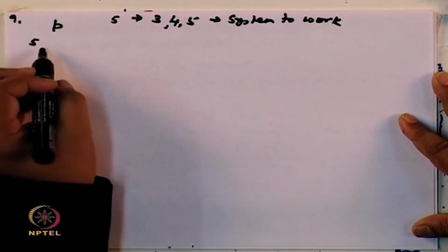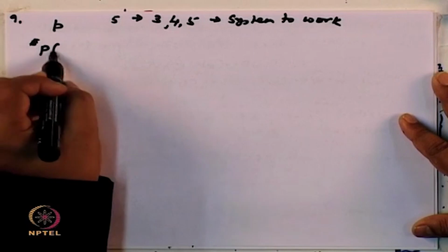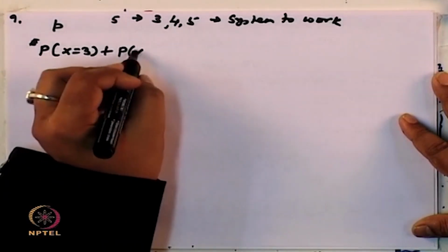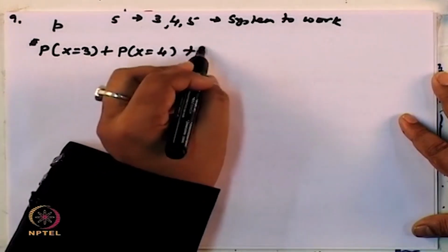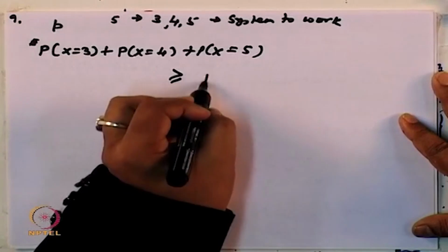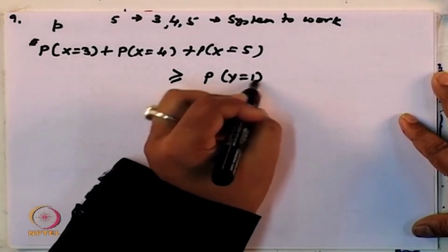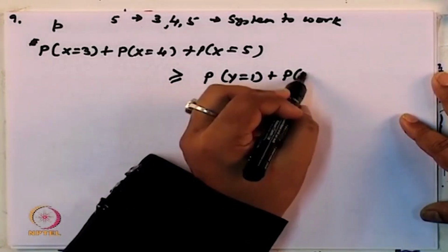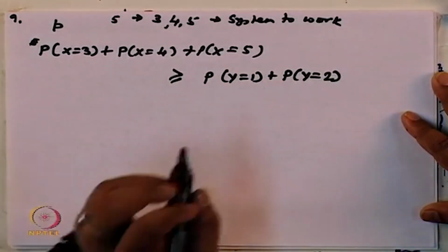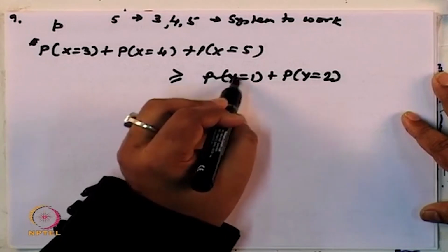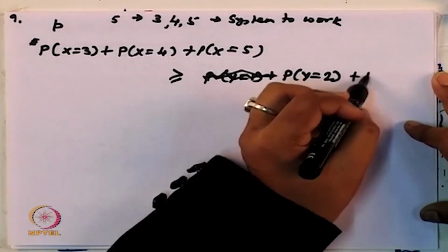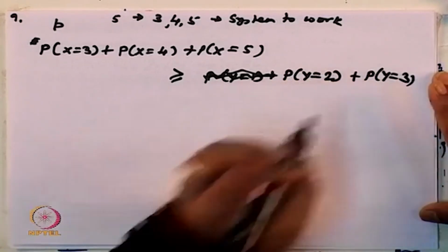This probability is probability of x equal to 3 plus probability of x equal to 4 plus probability of x equal to 5. And this is greater than or equal to probability of y equal to 2, since at least half is working.